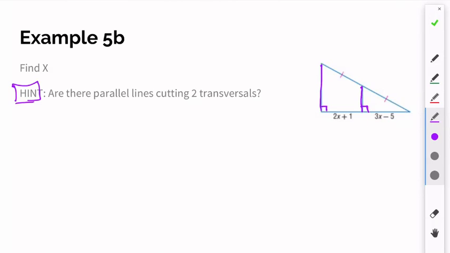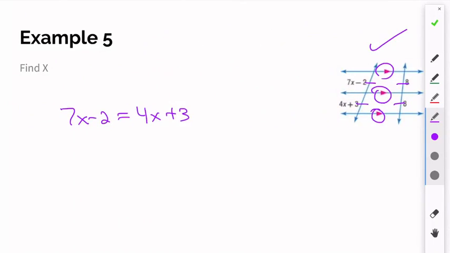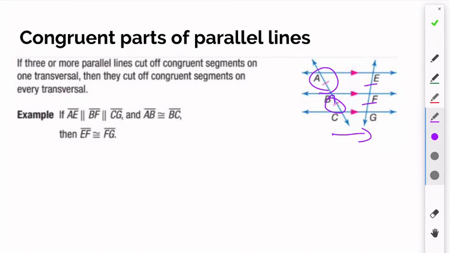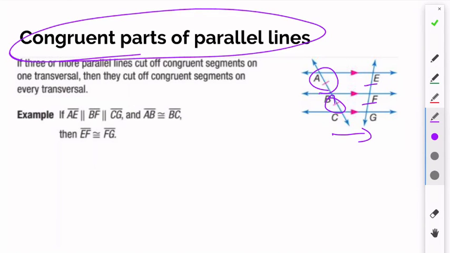So now we have a set of parallel lines cutting two transversals. What do we know about parallel lines cutting transversals exactly in half? Sounds an awful lot like congruent parts of parallel lines.